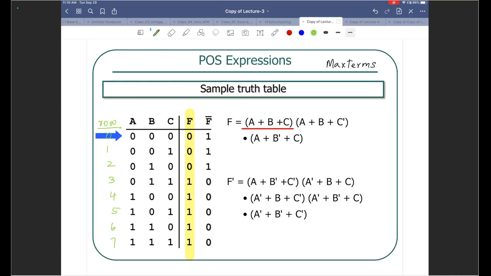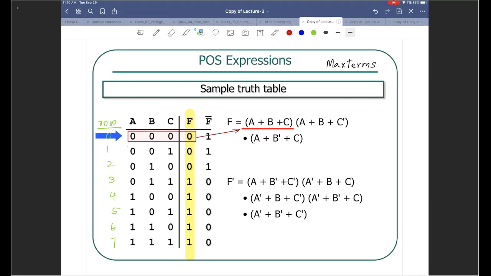So let's do it for the first term. The first 0 for F happens when A is 0 or B is 0 or C is 0. That's how you get your first max term right there.